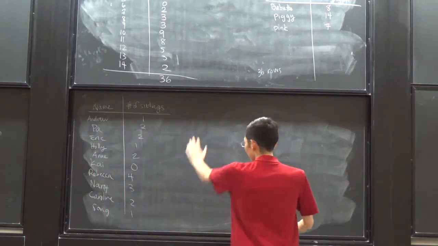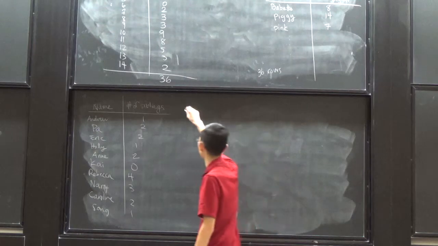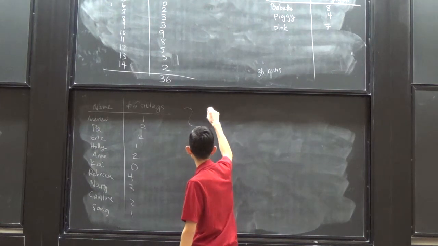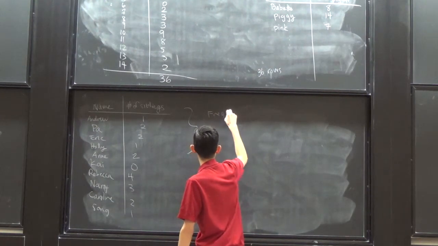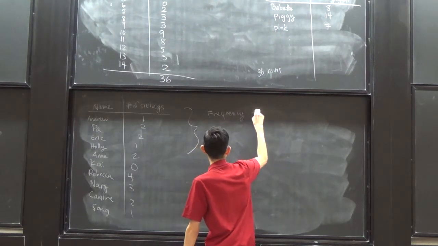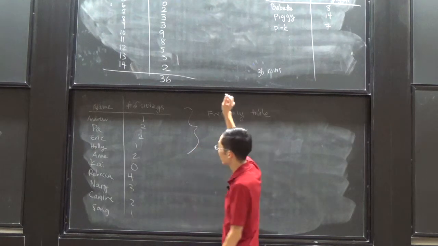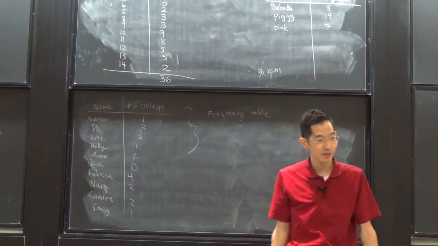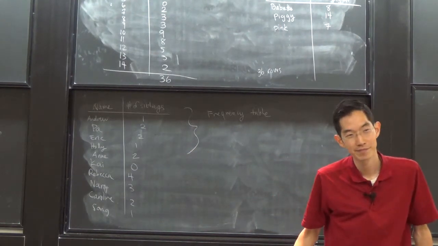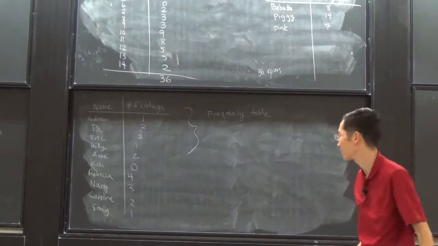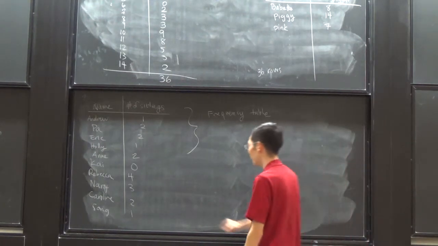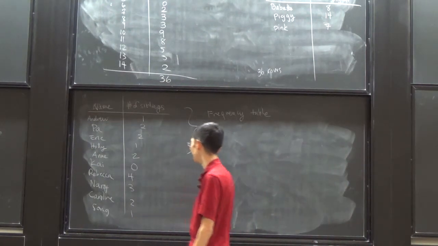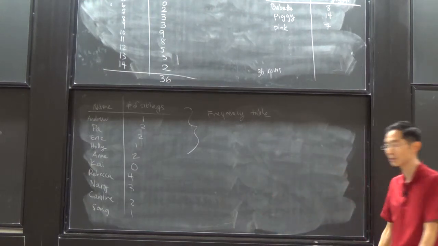Okay, so this is my raw data table, and I'm going to summarize it into a frequency table. Number of siblings, is this a categorical or numeric variable? Numeric, not a trick question. It's how many siblings do you have? And you either have 0, 1, 2, 3, 4, or more.